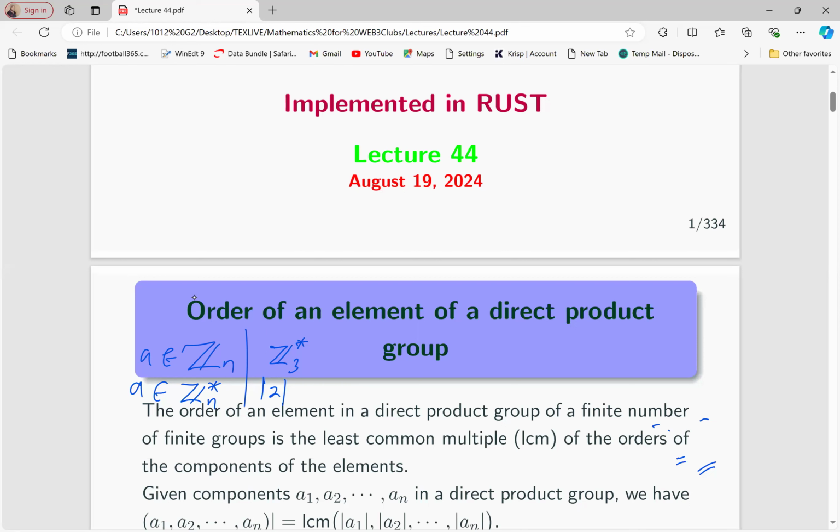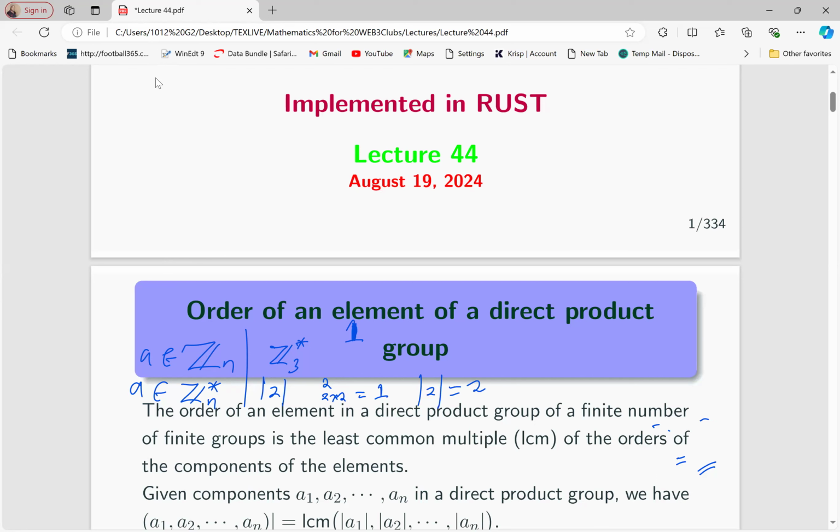How many times am I going to multiply 2 to get the identity 1? 2 once will just be 2. 2 twice will be 1. So that means the order of 2 is 2, because 2 times 2 gives me 1, mod 3. So that is about the order of an element in the single groups as we did last week.